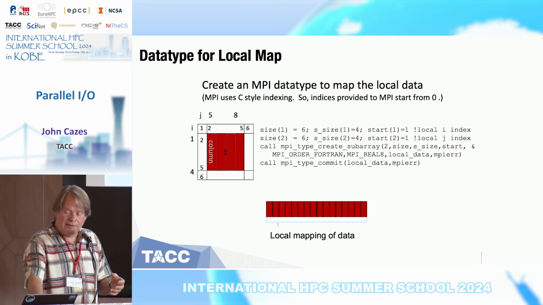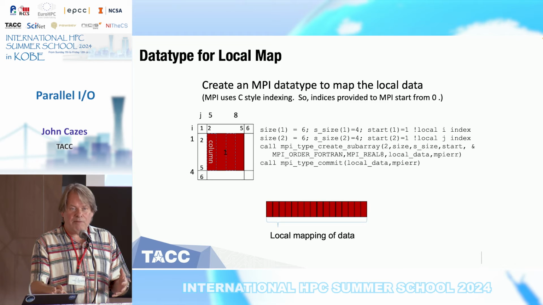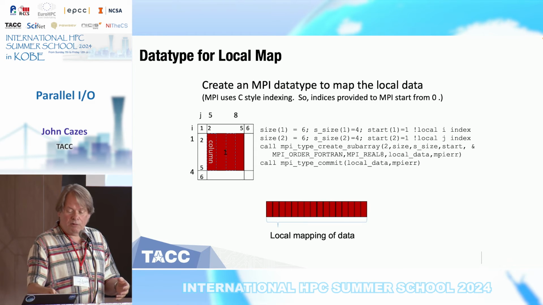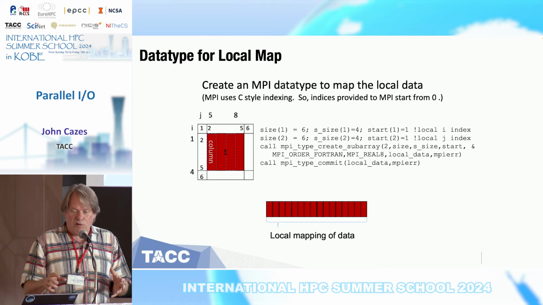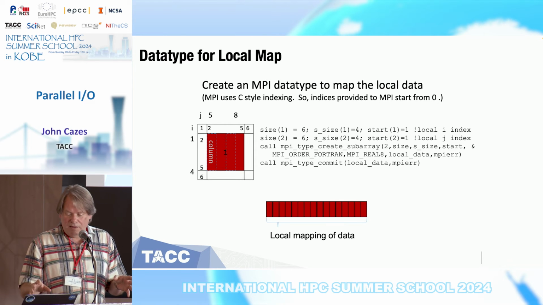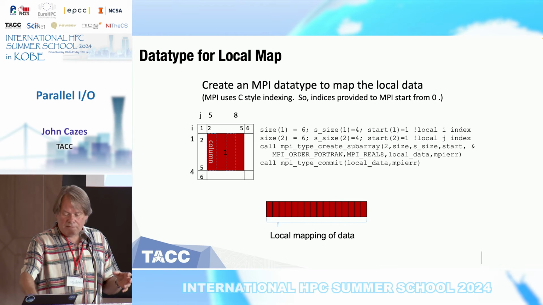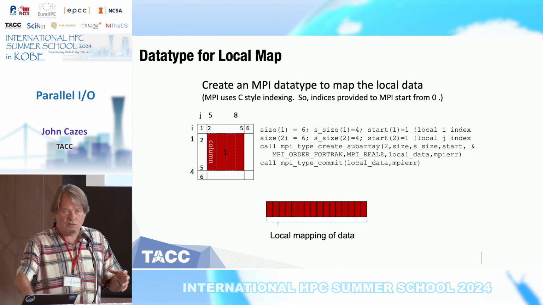And now I can take this data type called local data, and if I apply it to any array of this shape, it basically is a template that says, oh, only access that shaded part. And so I do a little setup for this, and I can use it for all my data structures as long as they're of this type. And so what I'm doing here is I'm turning this local mapping into a sequential set of data.